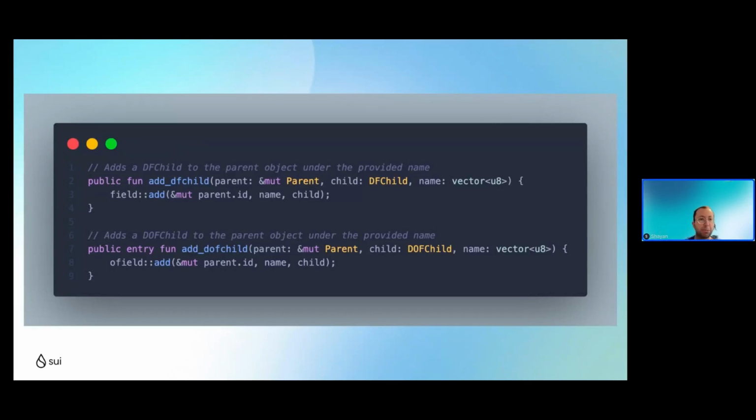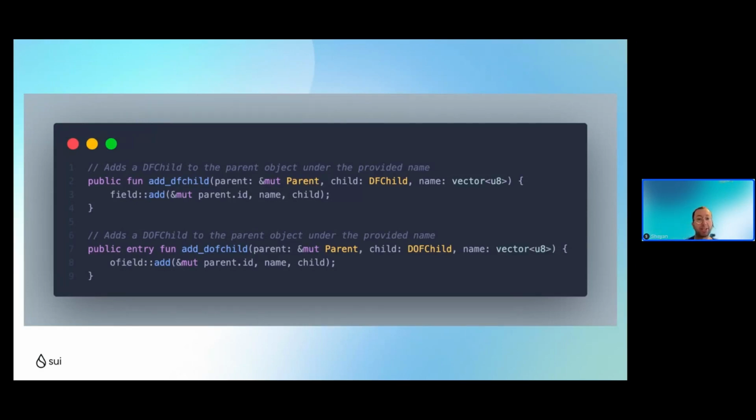And then same thing for the second one. If we want to add a dynamic object field child, it's pretty much the same exact thing, but we use the O field API instead of the field API. So why do we need to add our own functions? Because as you saw, we created our own objects / structs in this example, but we need to use a wrapper function.